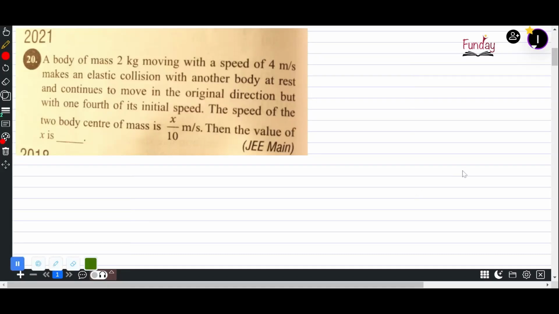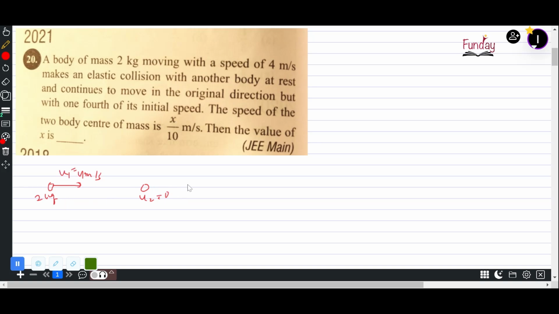Hi, this is a problem of collision and center of mass. So they are saying a body of mass 2 kg is moving with a velocity of 4 meter per second and makes an elastic collision with another body at rest. So this is u2 = 0 and this is u1.